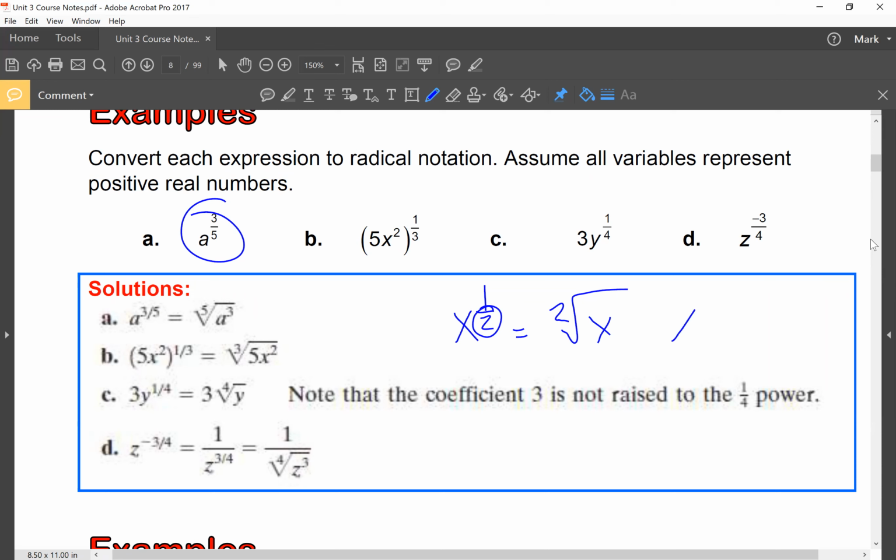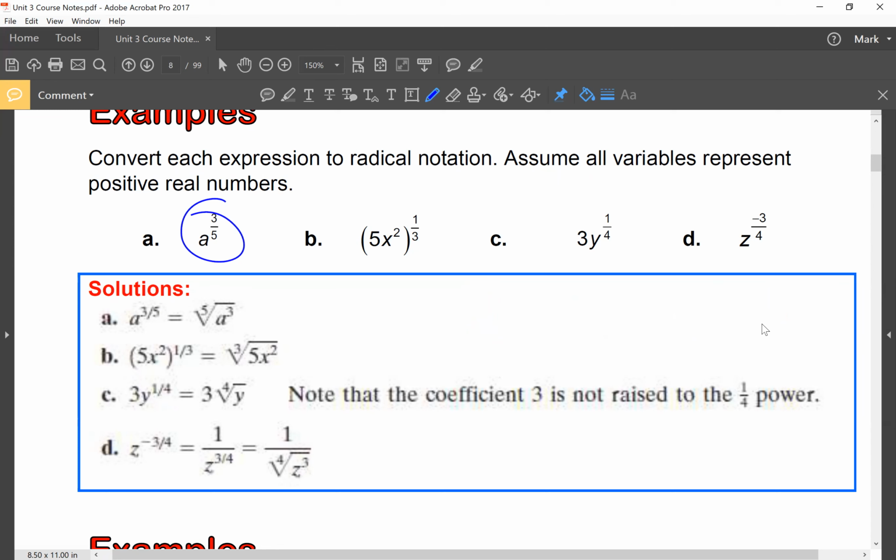If I had x to the 3/2, it would be a square root again, but x would be cubed. So the number on top goes with the x, and the number on the bottom goes with the root sign. This will give you a squared root or a cubed root, or different numbers depending on the question.